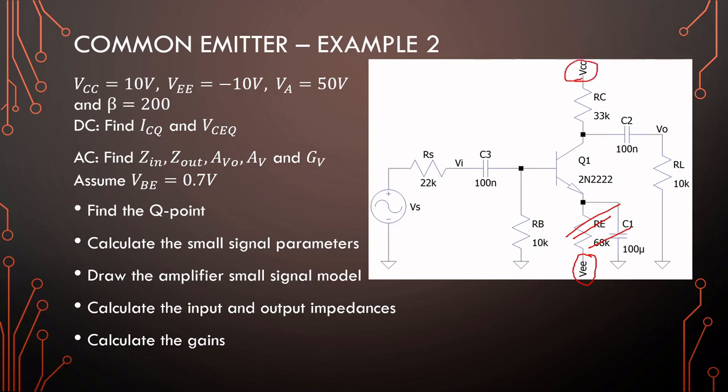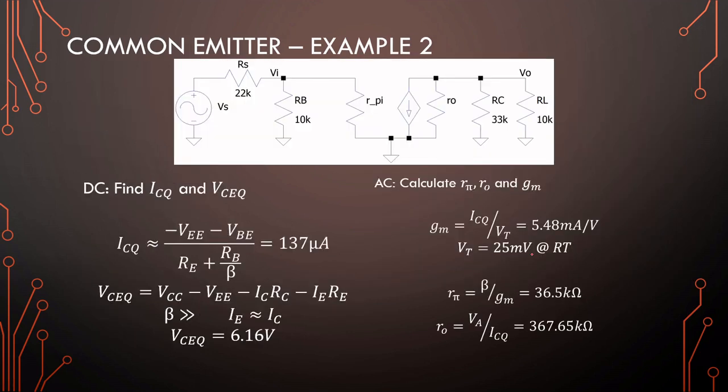This will become a ground, this will become a short, that will become a short, and this will look exactly the same as our previous amplifier, just we have one base resistor and not two base resistors. So the small signal model will look exactly the same.